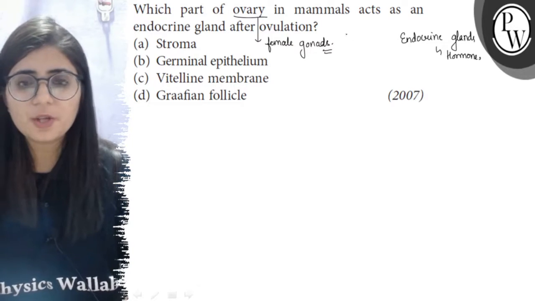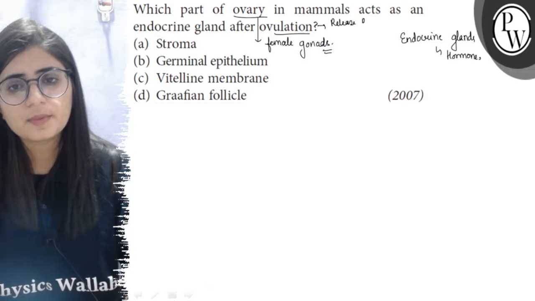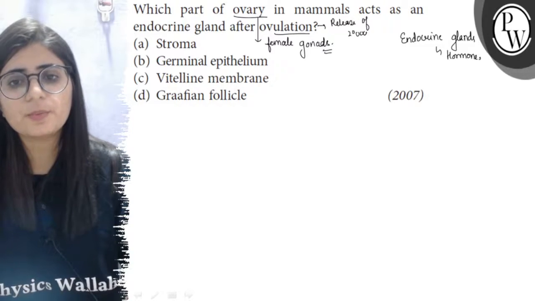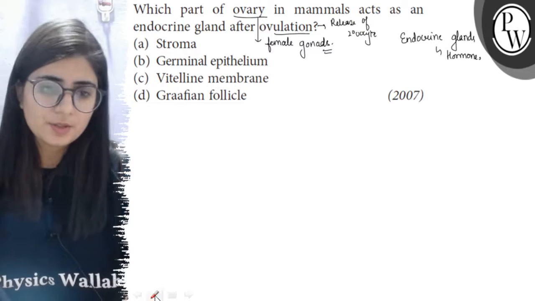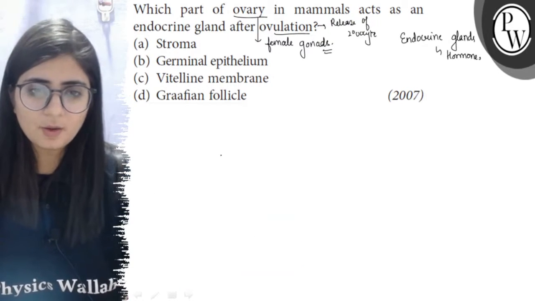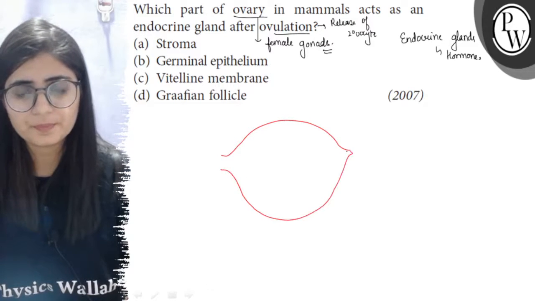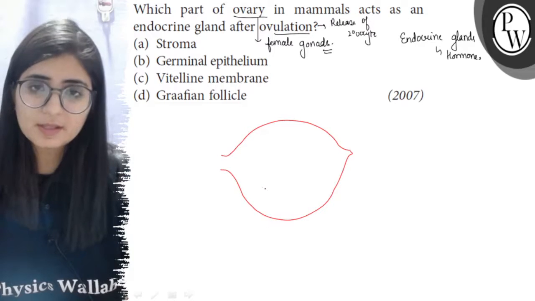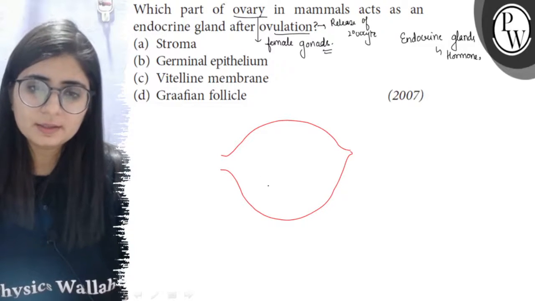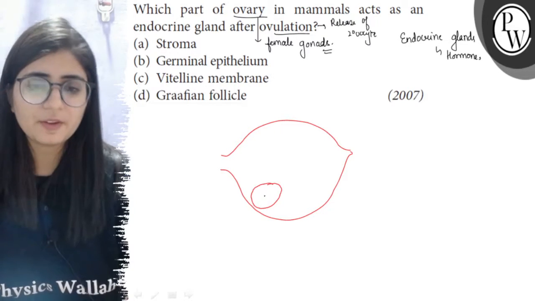So after ovulation, what is ovulation? Ovulation is the release of secondary oocyte from the ovary. So what happens that in the ovary, suppose this is the ovary. Now in the ovary there is a fully grown follicle, and this follicle is called the Graafian follicle.